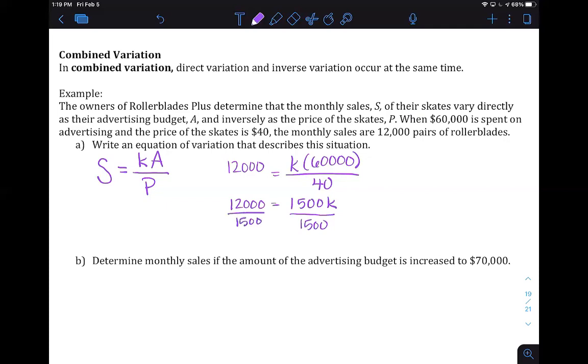So 12,000 divided by 1,500 tells us that K equals 8. So our formula altogether is S equals 8 times A divided by P.